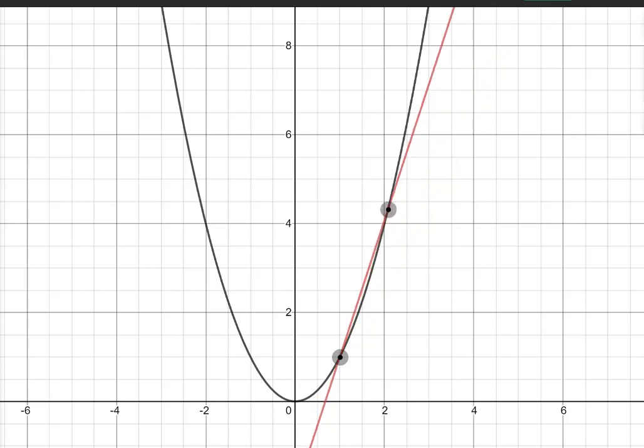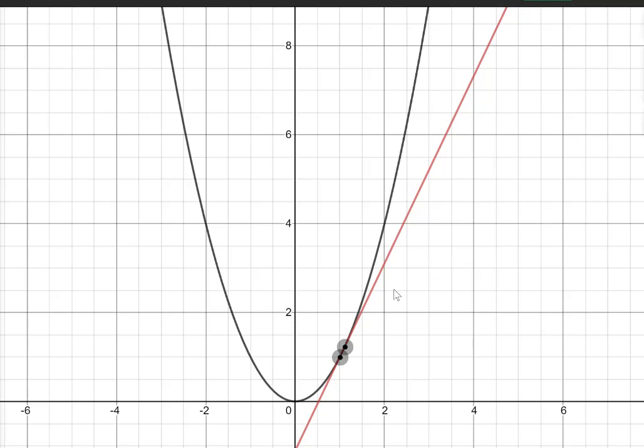Again, our second point gives us a secant line, but even if you think that you're almost there, you may say, why can't that be the slope of the tangent line? Remember, no matter how close you get, you can always get closer to another point.